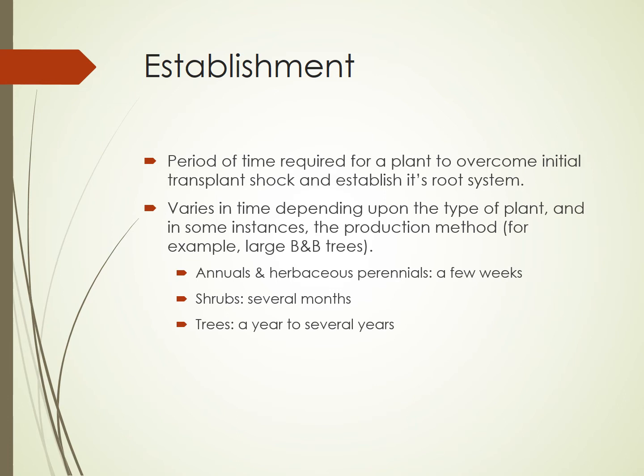For example, annuals and herbaceous perennials can become established in a few weeks. Shrubs may take several months, and trees may take a year to several years before they become fully established, especially if the tree was harvested in a balled and burlap method where there would be substantial root loss during the harvest process.